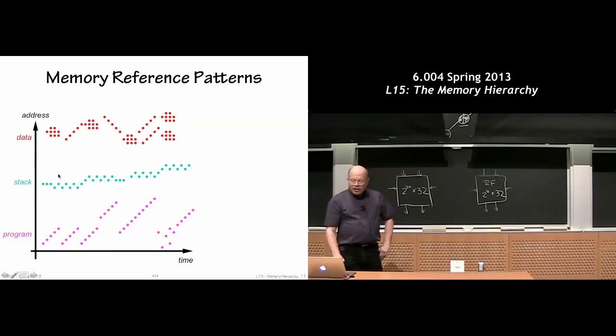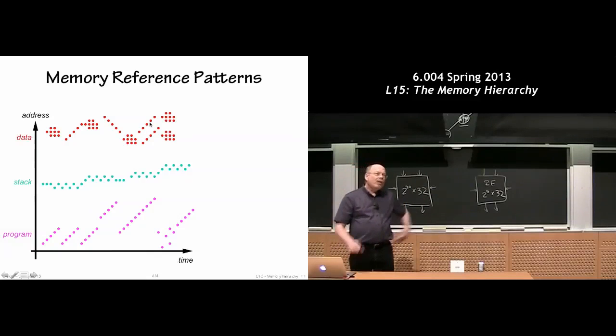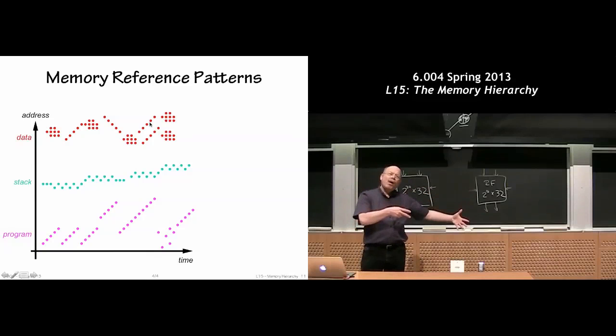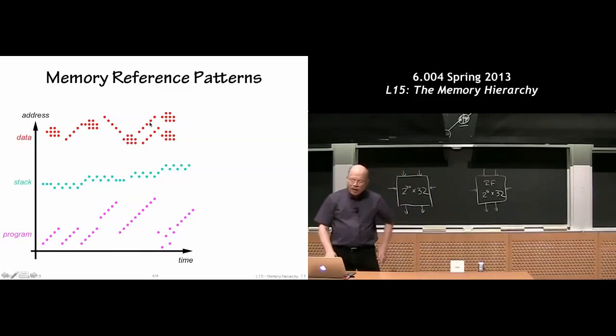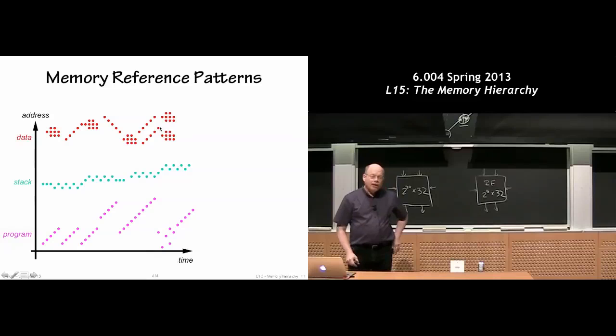And in terms of data accesses, we're accessing structs in memory, or perhaps stepping through an array. In some cases, as shown here, we may in fact be copying from one array to another. So we might have a load and a store, where the load comes from one data structure and the store goes into another data structure. But most programs have a certain systematic way in which they're dealing with particular objects at a particular time, or with a particular part of the array at a particular point in the program.